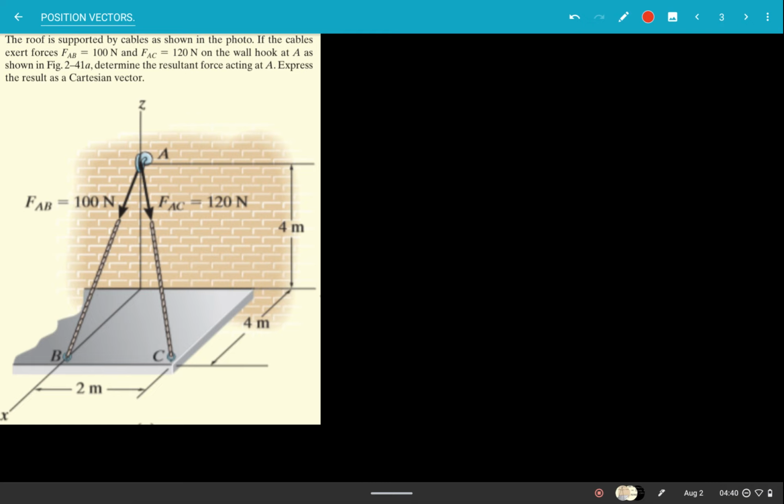So for force AC, it's A to C. Pick the position at A, of which you know our reference is the origin, and to reach A, be mindful that we have the same positions like we had previously, which was 0 in the I, plus 0 in the J, plus, remember, 4 in the K. Then we can get the positions at C. You ask yourself, how are you going to get to C?